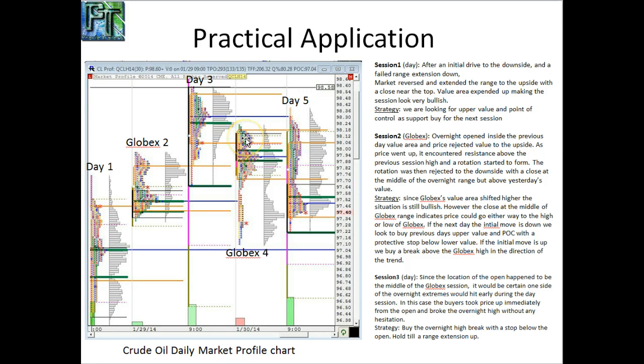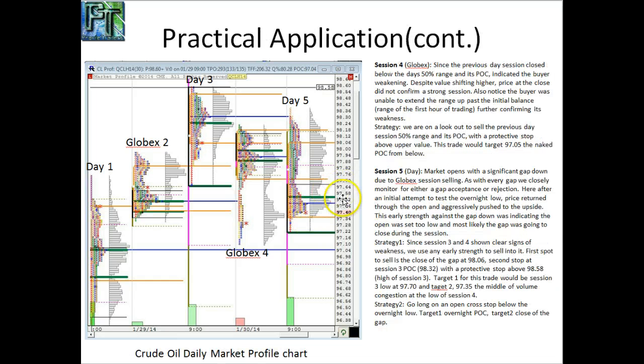So I come the next day, I see that the overnight sold quite aggressively, and the day session now is going to open with a gap down. With this gap down, I am looking for 2 things, like always when you have a gap. Is the gap going to be accepted?